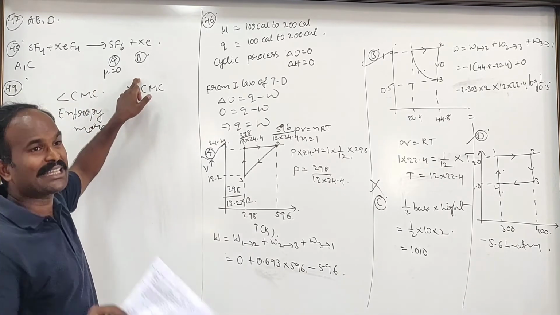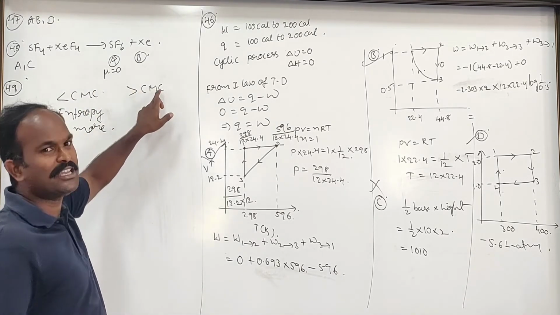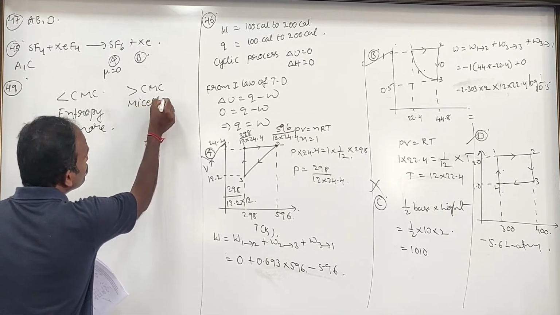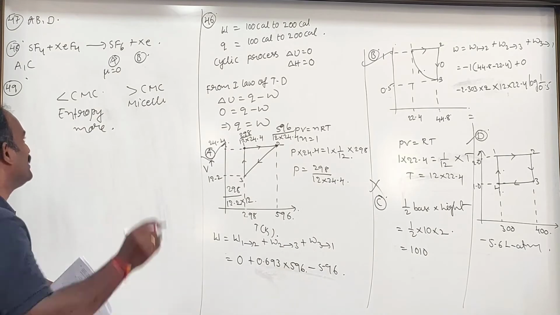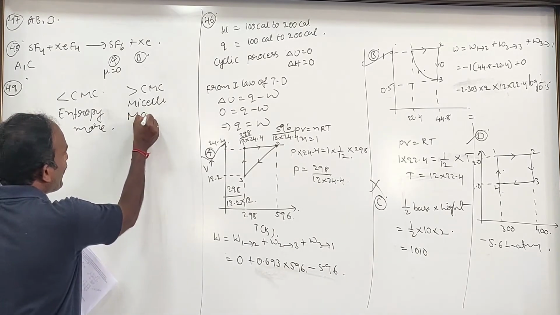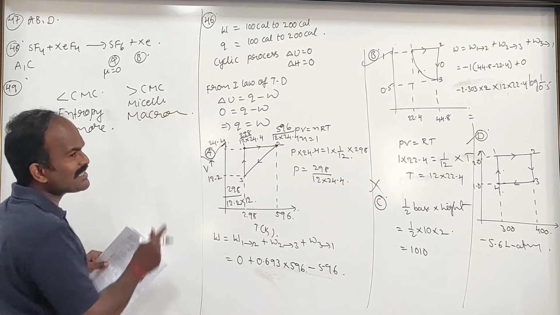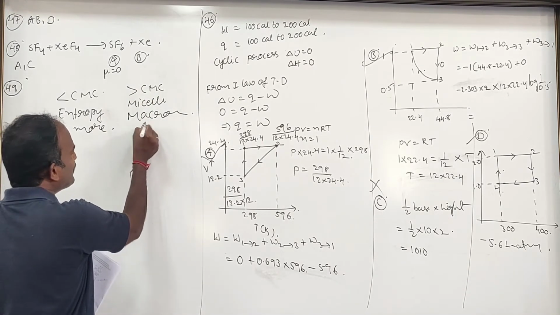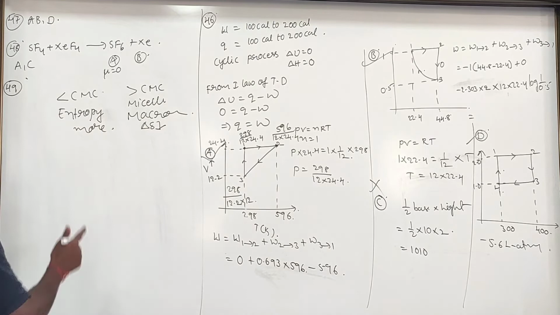If concentration is greater than CMC, the critical micelle concentration, here micelles can definitely be formed. If micelles are formed, they form as a macromolecule, which means the number of particles is going to decrease. Hence, delta S is going to decrease.